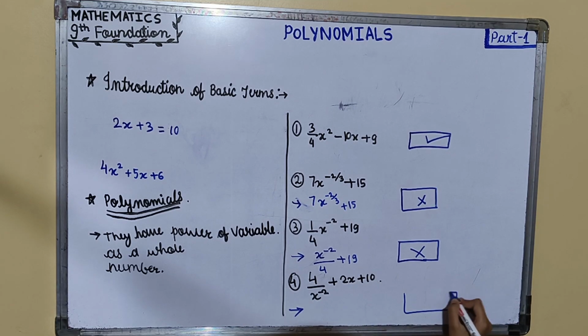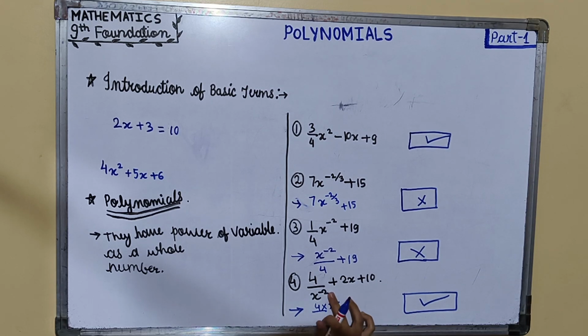What if I say that this is a polynomial? Yes, this is a polynomial because the variable is in denominator, 4 by x. But when we shift it to numerator, the power would become x raised to 2. This we are learning from standard 7th or 6th. So this is a common thing that whenever a number is in denominator, after changing it to numerator, the signs are interchanged of their powers, only of their powers.